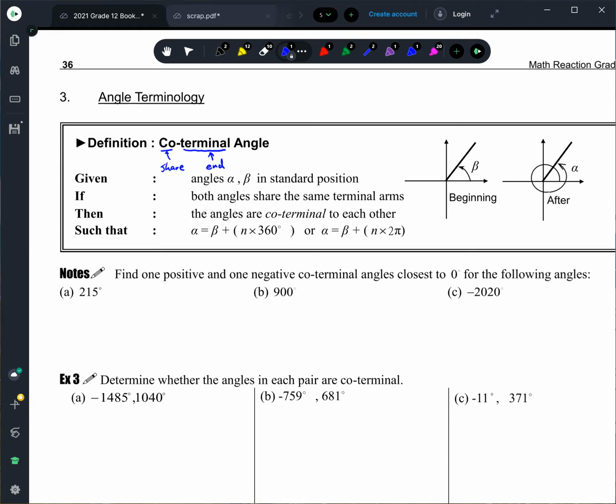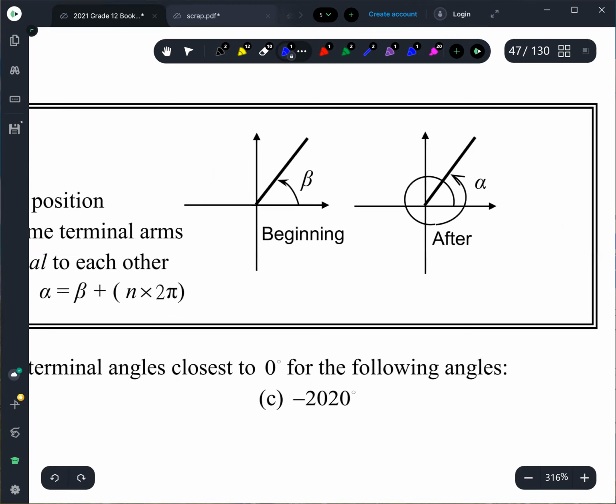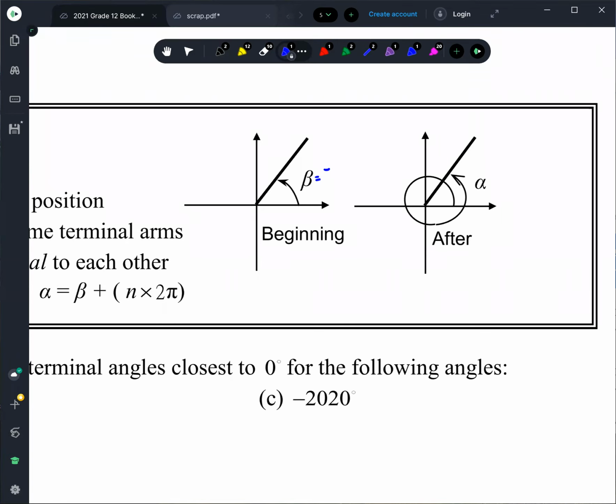So it's very clear over here, the picture here. Let's say this one is, we're going to practice radian now, to help you get used to it.